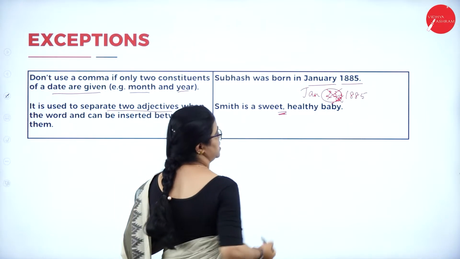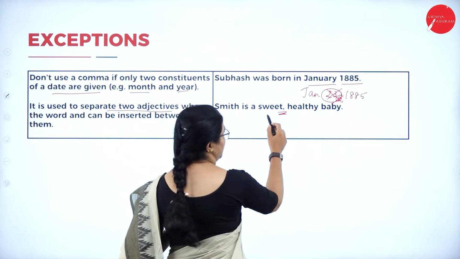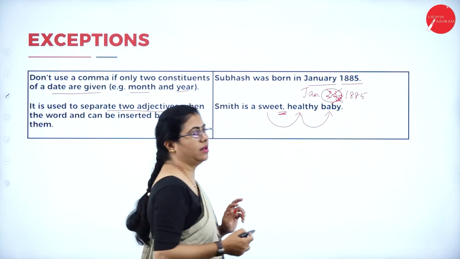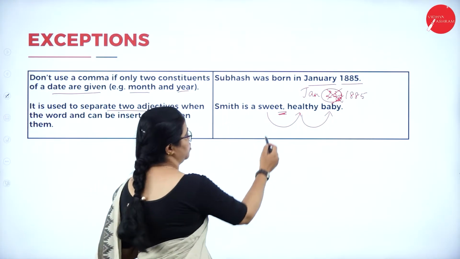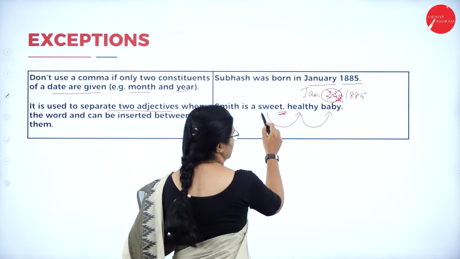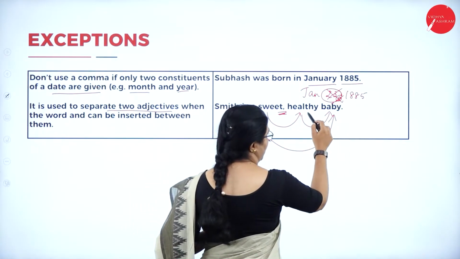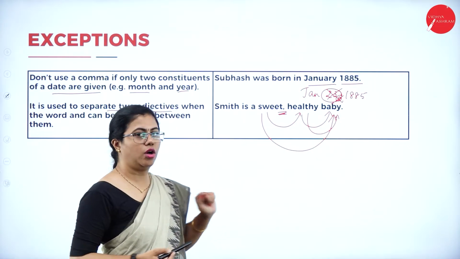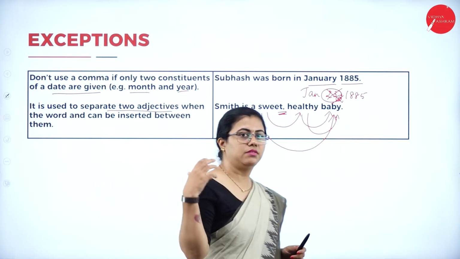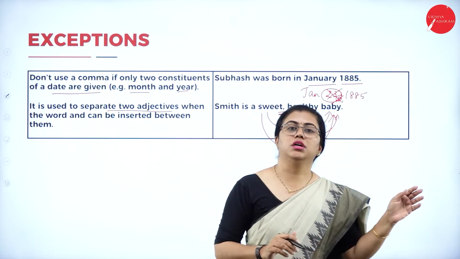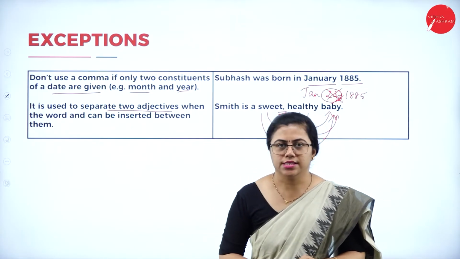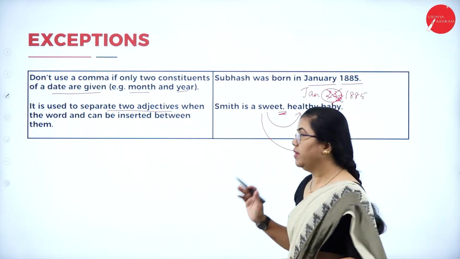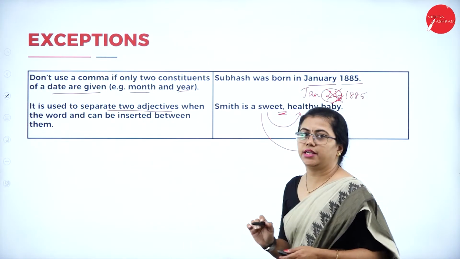When you don't have this comma in between, sweet will be describing healthy, and healthy will be describing baby. That will be a confusion. Suppose you put this comma in between, then sweet is describing baby, healthy is also describing baby. So whenever you insert a comma in between, both the adjectives belong to the noun or the object that is there in the sentence. So it is a must that you put a comma whenever you are writing two adjectives.